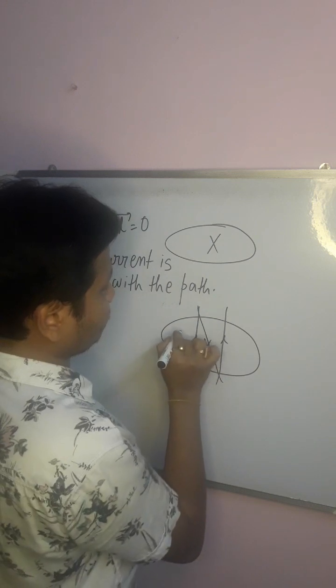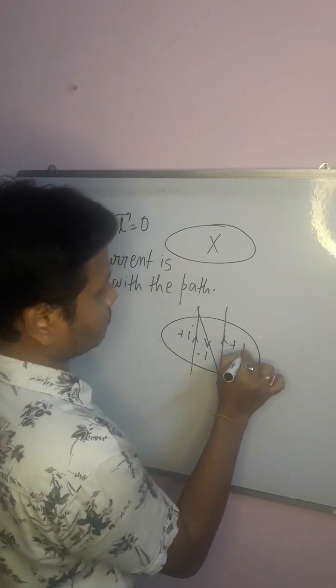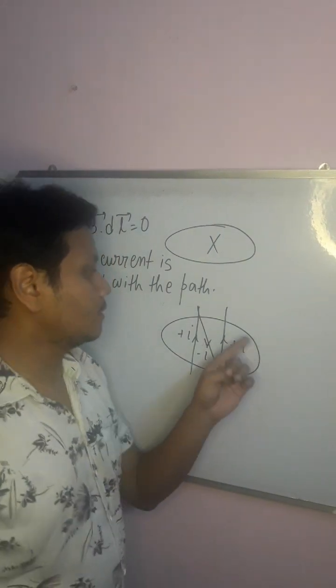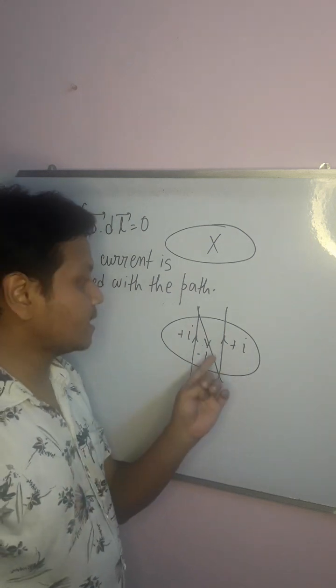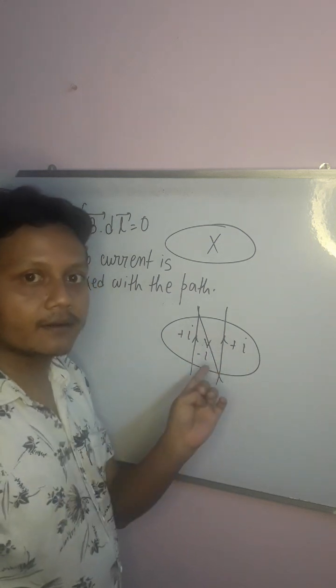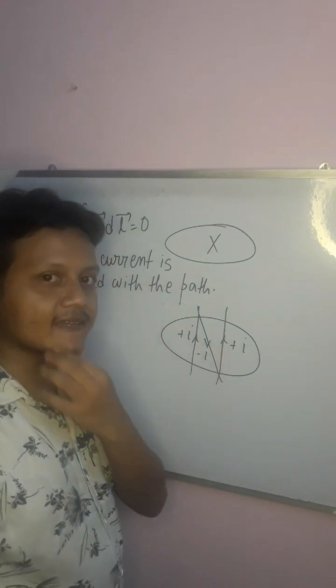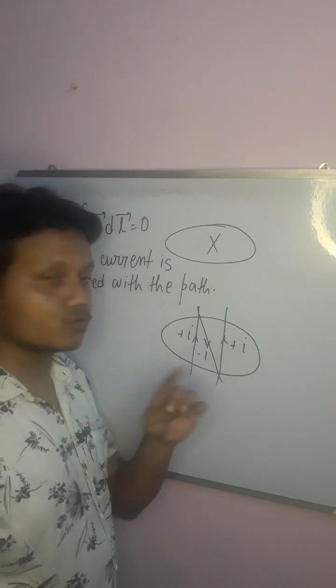Say this is plus I, so we have to take this one as minus I conventionally, and this also plus I. So if the closed path contains a large number of branches and each branch carries a current conventionally in different directions, then what happens? We have to take the net sum of the currents flowing through each loop.